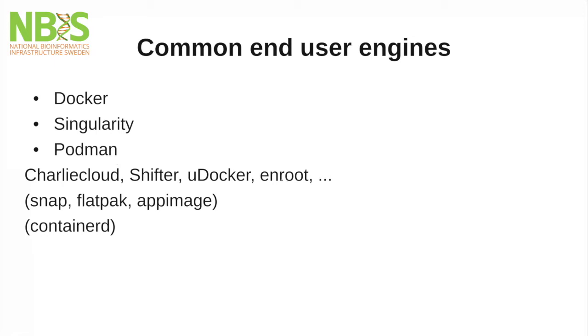If you run Linux on your desktop, you might also have encountered snaps, Flatpaks or AppImage to deliver software. Those are containers as well, actually. You don't think of them as the same as container images like Docker, but there's no big technical difference. It's more of a support system. There's also containerd.